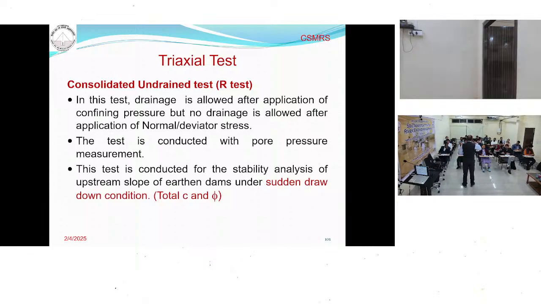Because your embankment is made of clay, which has very low permeability, that face is saturated. So whatever pressure the water put on your face has been withdrawn, but the face is saturated and the pore pressure is there. Under those conditions, we check the stability. For this test, we get those parameters, c and phi.